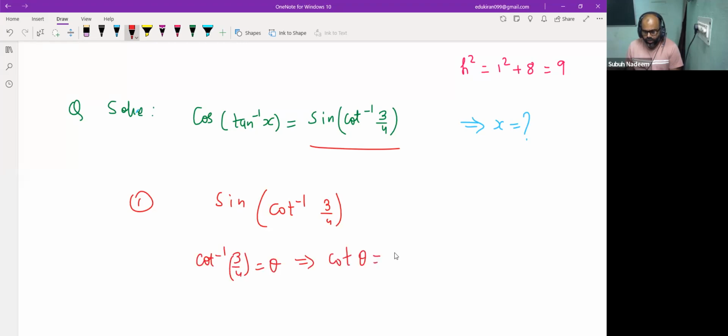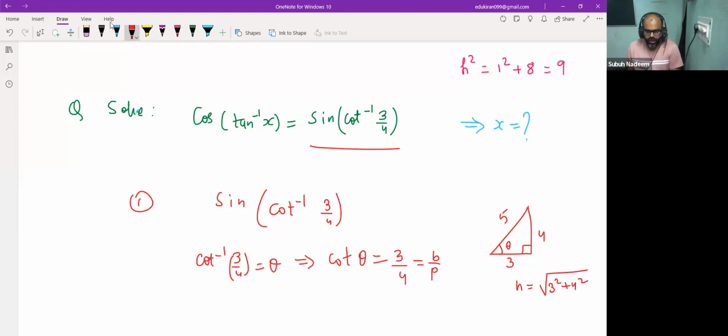So cot theta is equal to 3 by 4. So in this right angle triangle, cot is base by perpendicular. So 3 by 4. And hypotenuse will become 5 because hypotenuse will be root over 3 square plus 4 square.